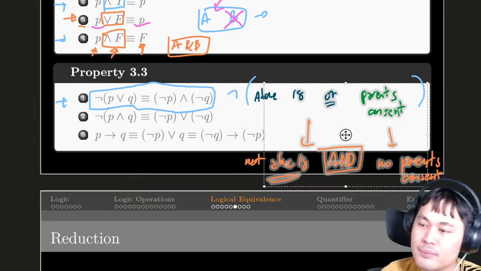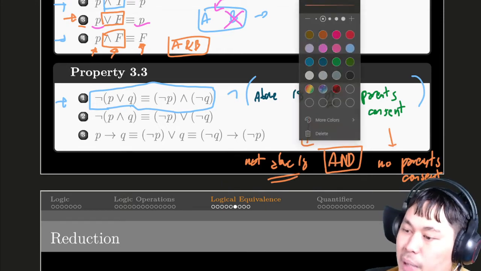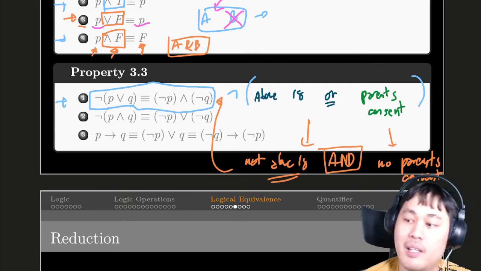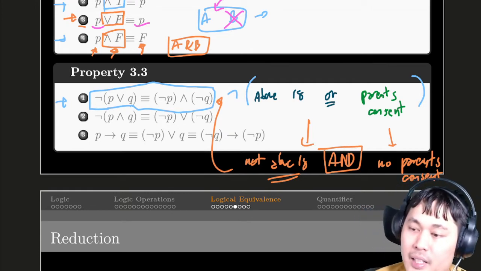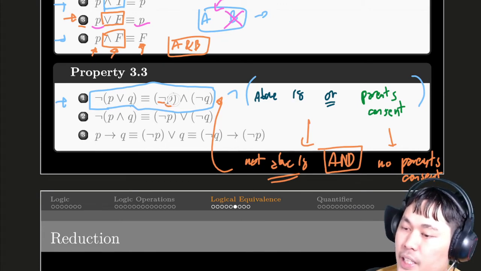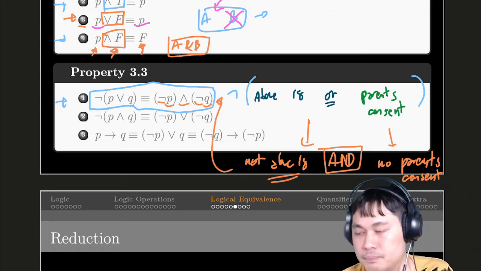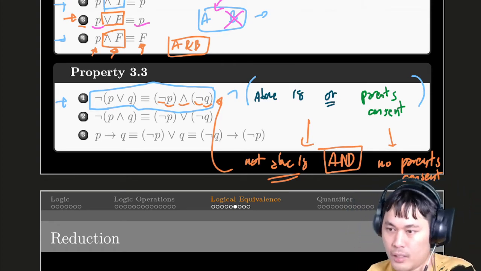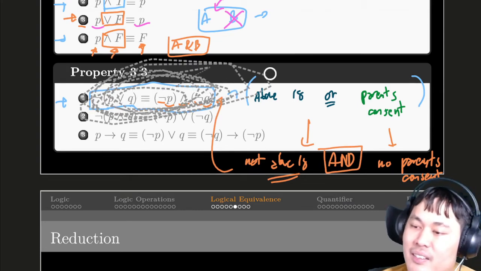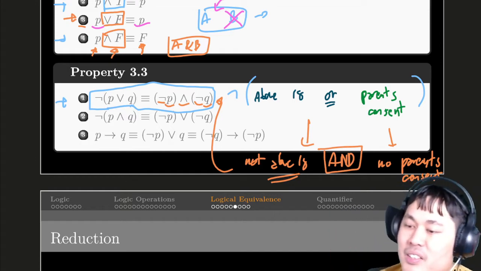Then you compare it with what we have on the right hand side, and you can see right away that they match. You have to be not above 18, not P, and not Q, and have no consent. So this is the language part that corresponds to the math equations or logical operations.